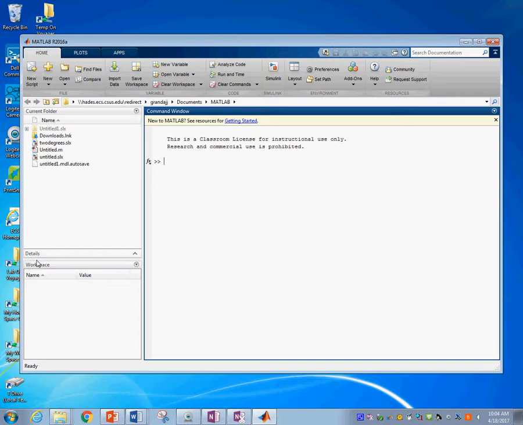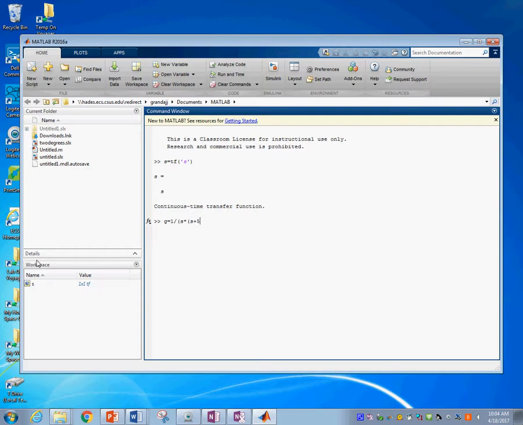I'll do it the same way as in the fraction form. You define the variable s as a transfer function of this type, and then you say the transfer function g is going to be equal to 1 divided by, in parentheses, s multiplied by s plus, let's say, 5.